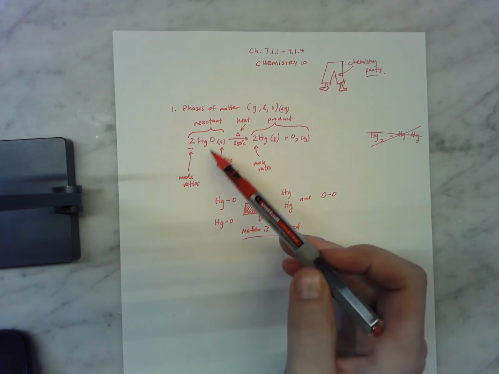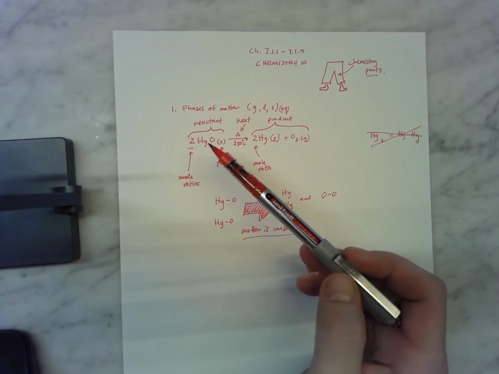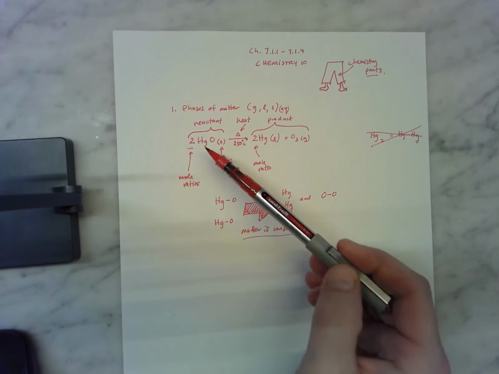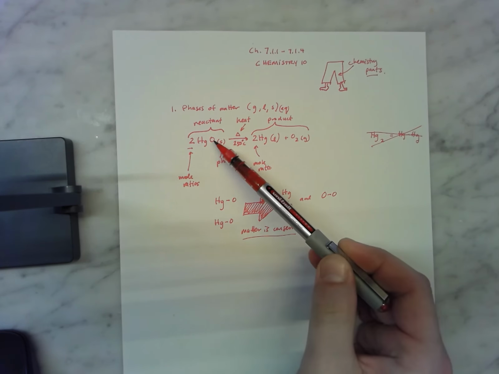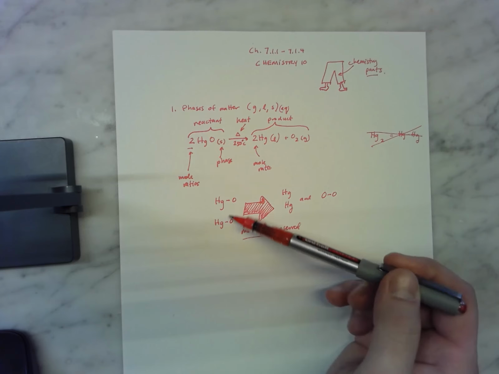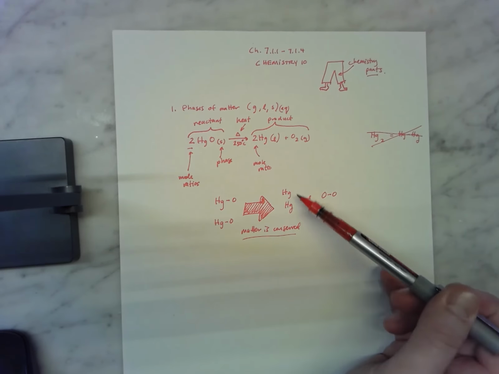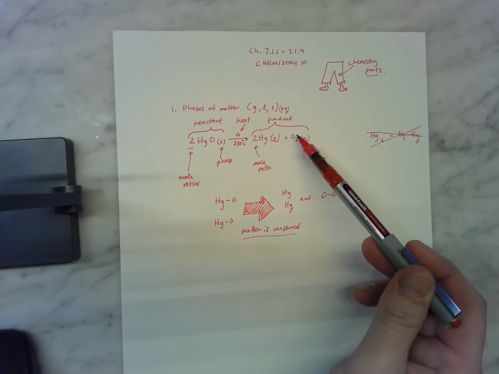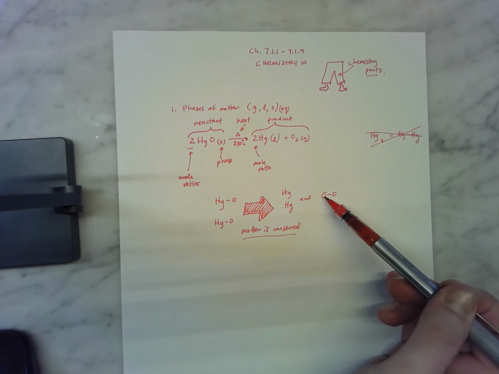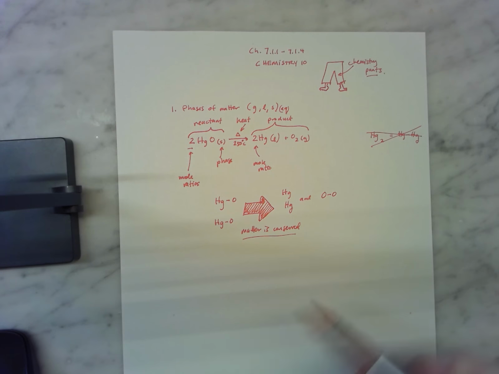Again, if we think of the mole as analogous to the word dozen, if we had 2 dozen of these, we could draw 24 of these guys. We'd also have 2 dozen of those, so we'd have 24 Os. We'd have 2 dozen Hgs over here, so 24 of those, and 1 dozen O2s, which would be, each one of them would be 2, so we would have 24 Os all told. Okay, matter is always conserved.